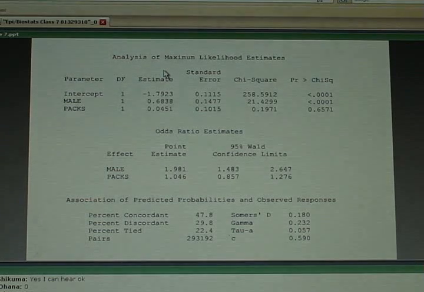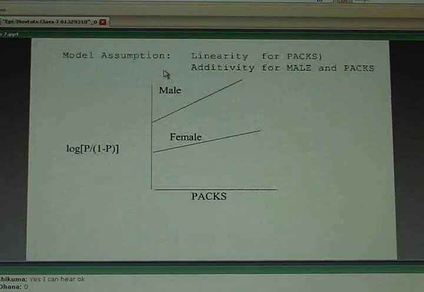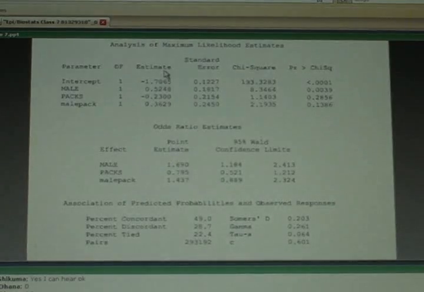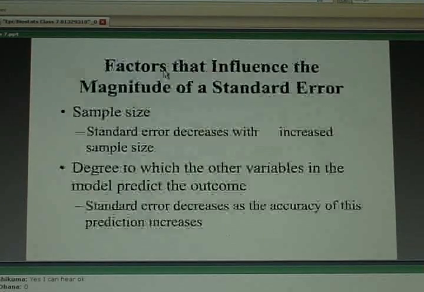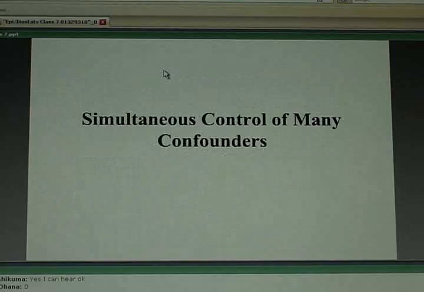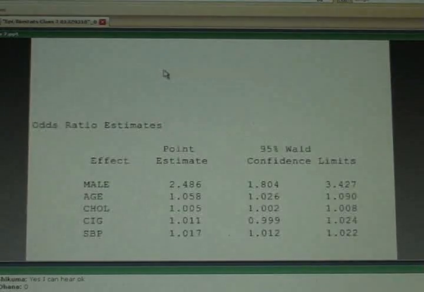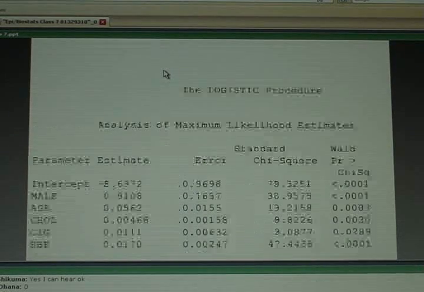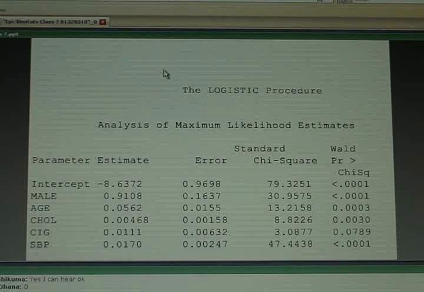Because looking ahead to next week, the other thing which we'll be talking about next week, and this is what I want you to think about for next week, I'll give you a homework assignment, is what if you have multiple confounding factors? So here's a model that has male in it, but also age, cholesterol, smoking, and blood pressure, simultaneously controlling for 4 confounding factors.